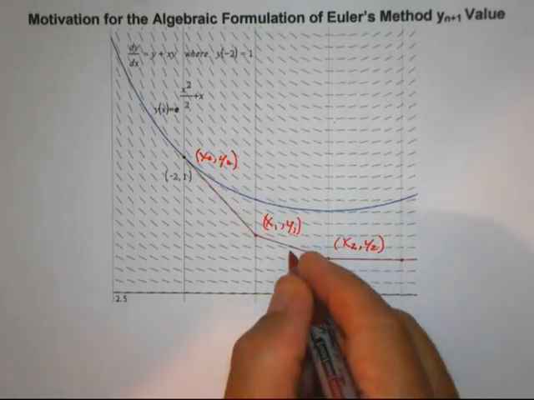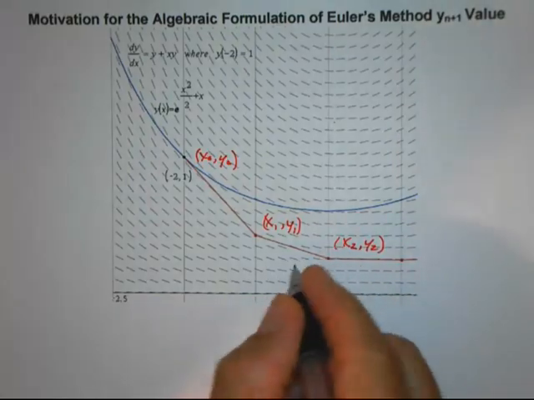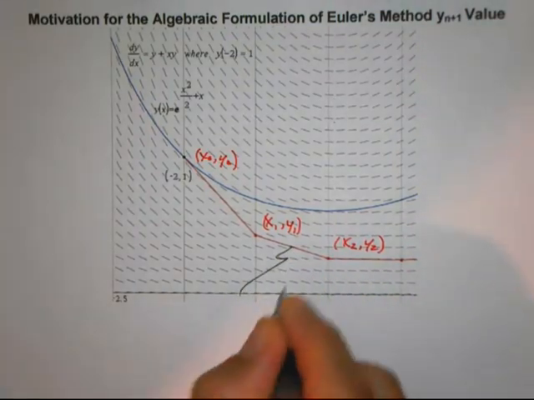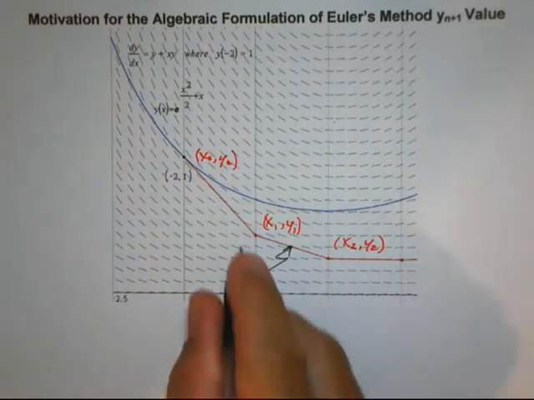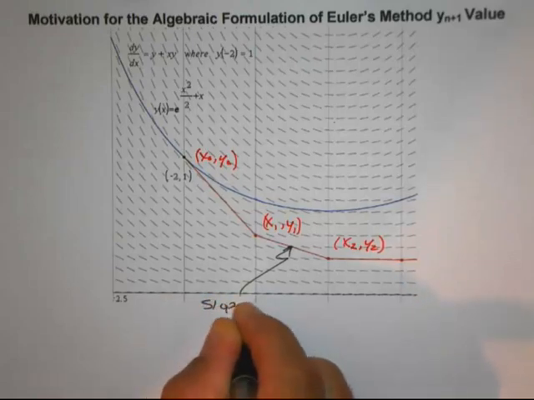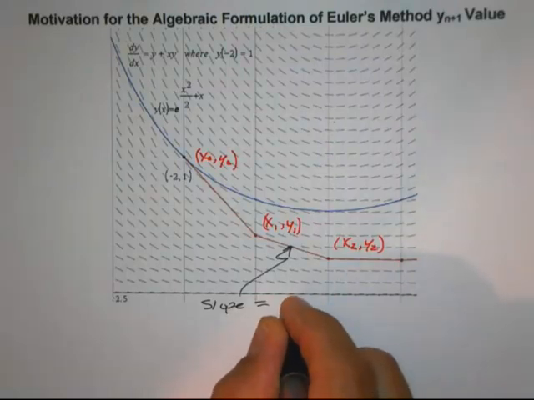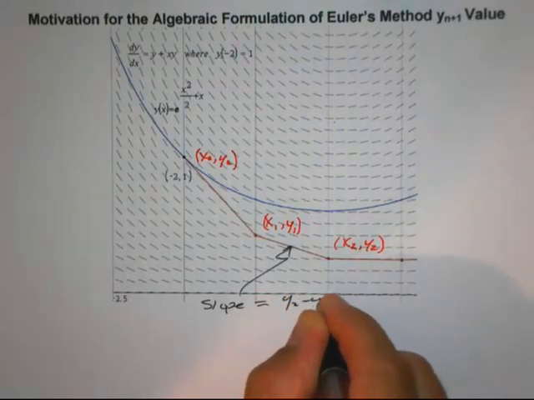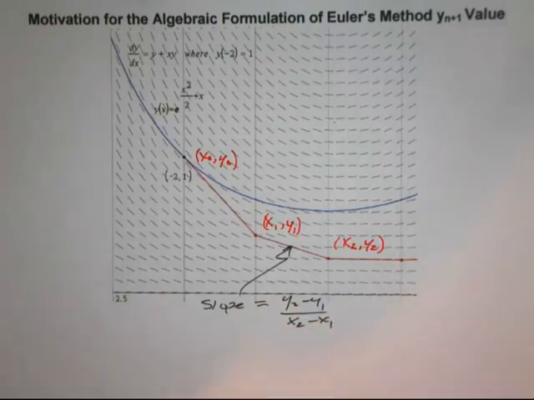Okay, anyway, let's start here. Let's take a look at this line segment here, for instance. What can we say about this? If we took a look at this line segment, it's a straight line with a couple of endpoints, so we could simply say that the slope of this, using the traditional two-point formula from algebra, is y sub 2 minus y sub 1 over x sub 2 minus x sub 1.